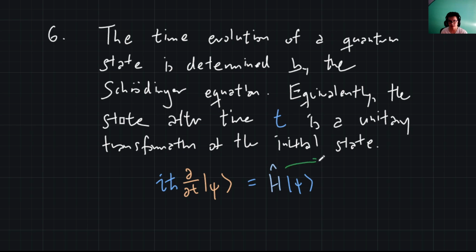So H is called the Hamiltonian Hermitian operator. It is a Hermitian operator. So it's a very special form of a linear operator.